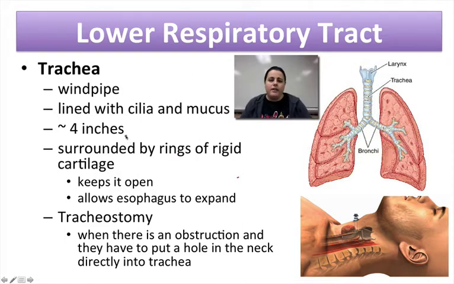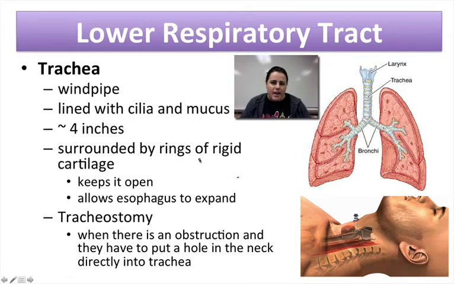Now, the trachea is lined with special cells that have cilia on them, and these ciliated cells also produce mucus, and they're trying to trap and warm the air before it reaches the delicate tissue and cells further down in the lung tissue. The trachea is kind of designed like a vacuum hose.